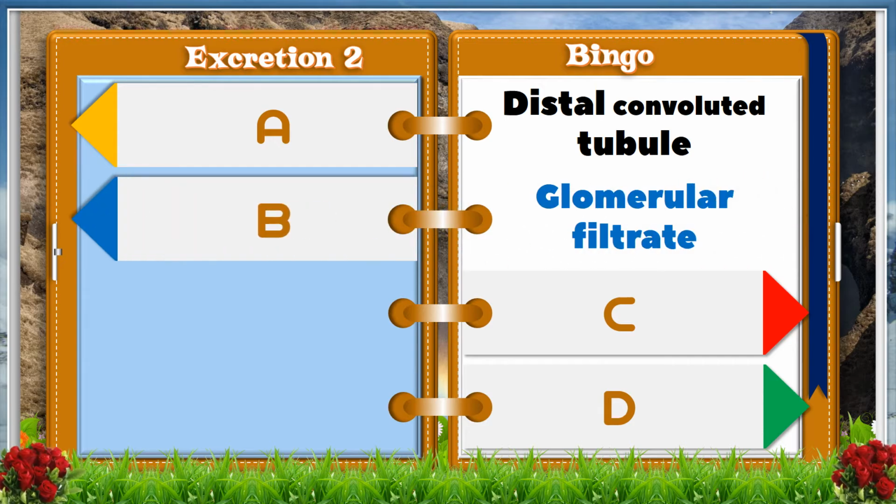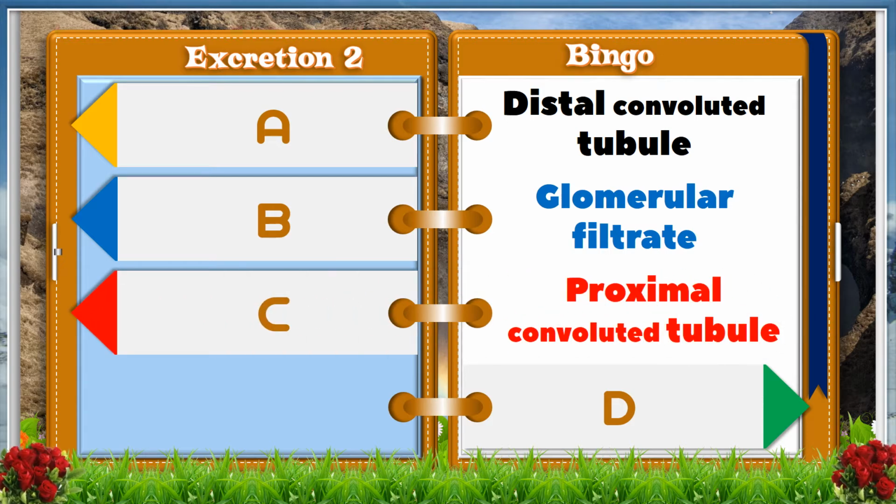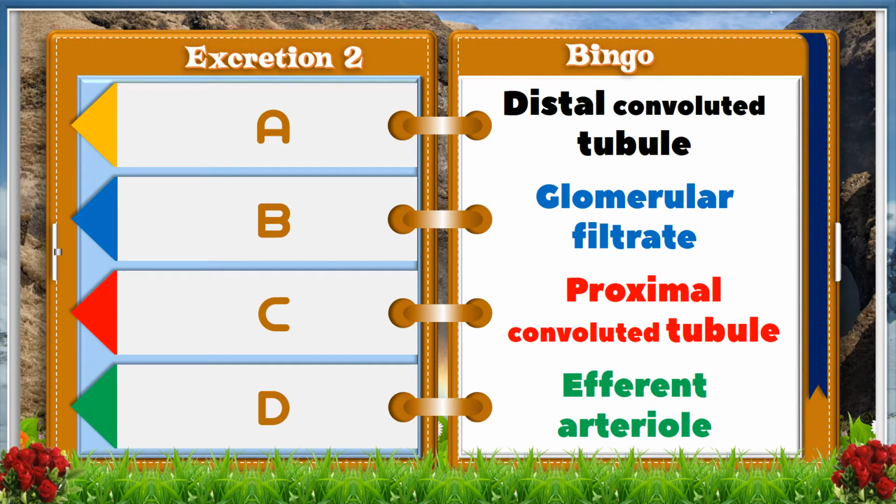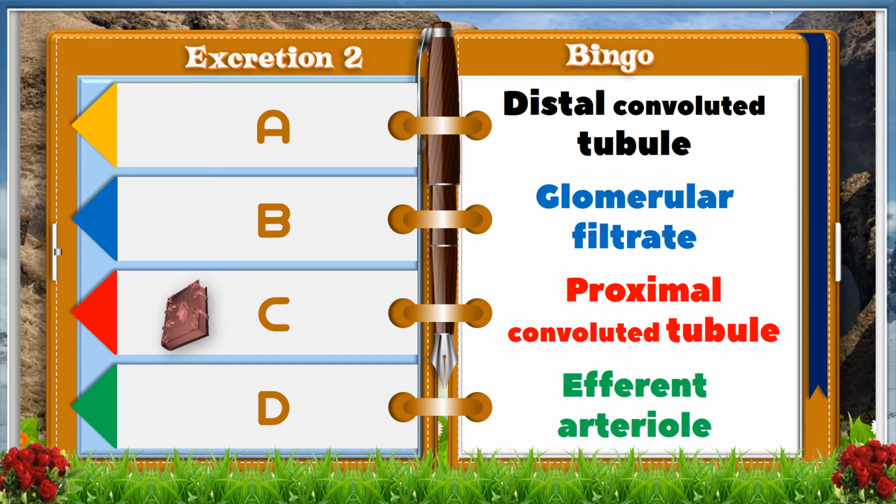B. Glomerular filtrate. C. Proximal convoluted tubule. And D. Efferent arteriole. And the answer is C. Proximal convoluted tubule.